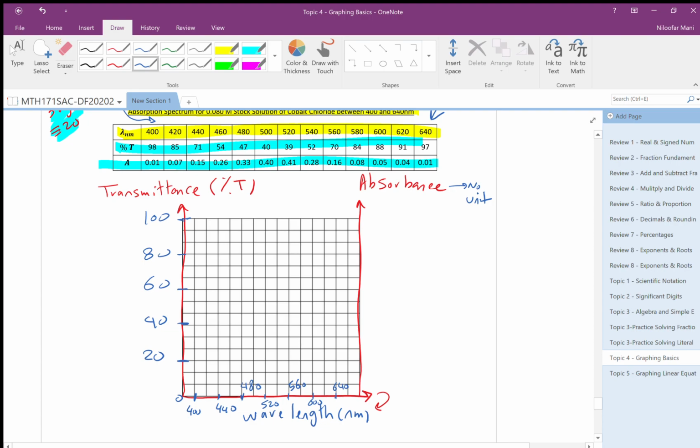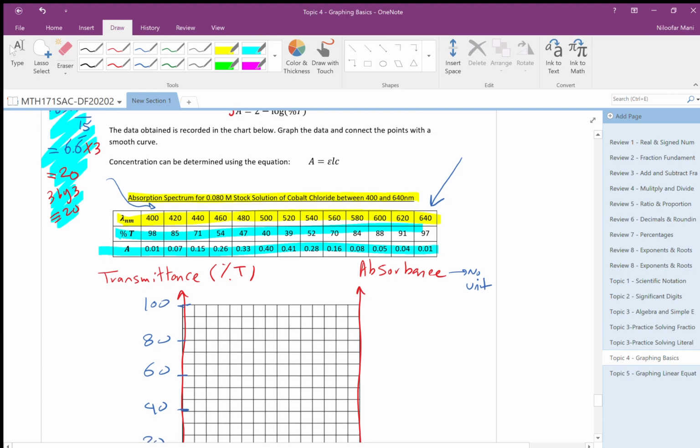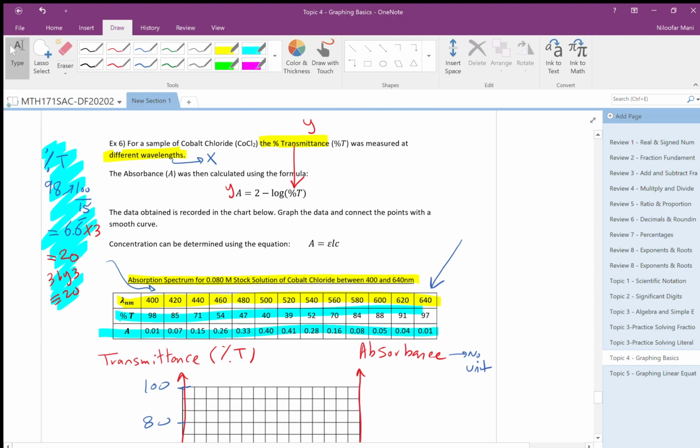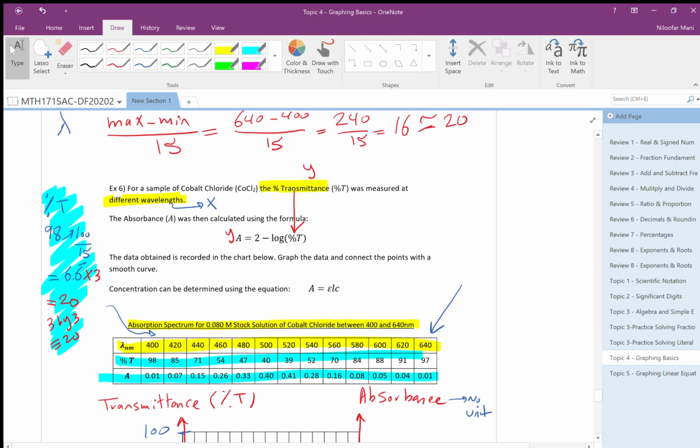Okay, so how about the next one? The next one is A, absorbance. So I do for A, I do here. So what do I have for A as maximum?